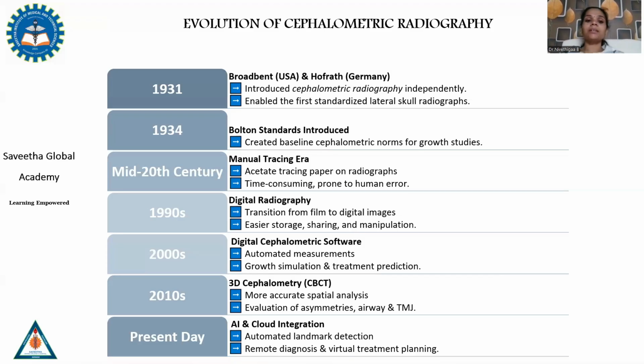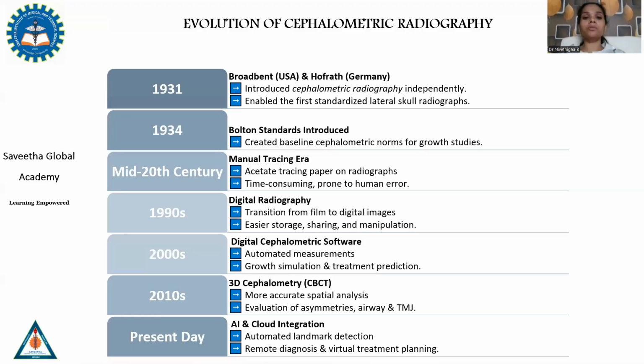Ten years later, three-dimensional cephalometry was introduced on CBCTs. So this provides a more accurate spatial analysis in a three-dimensional aspect. Also, it helps in evaluation of asymmetries that are there in the jaws, any issues with the temporomandibular joint, and the airway analysis as well.